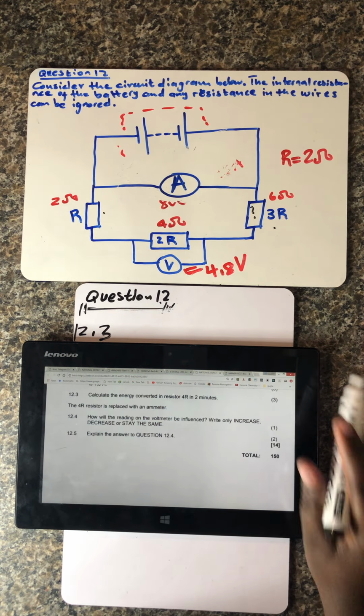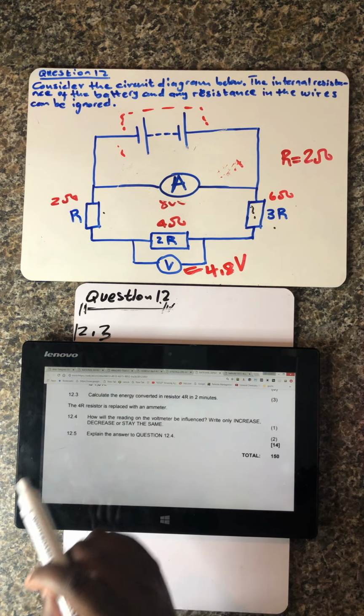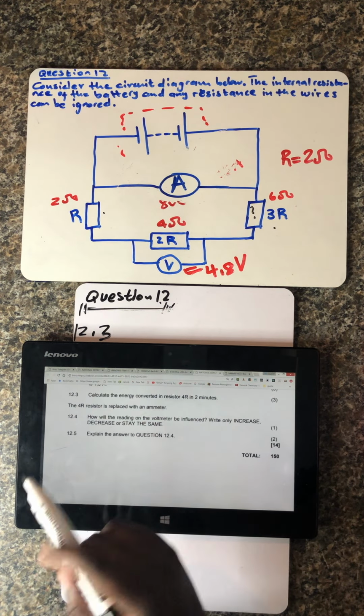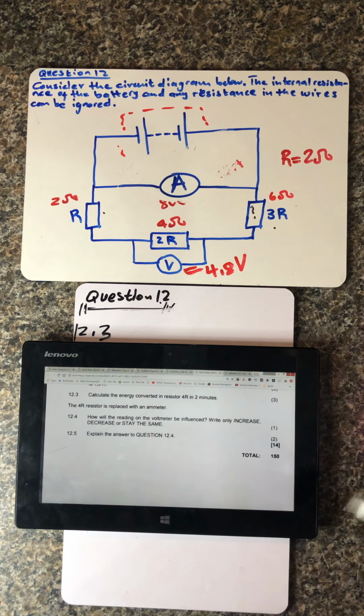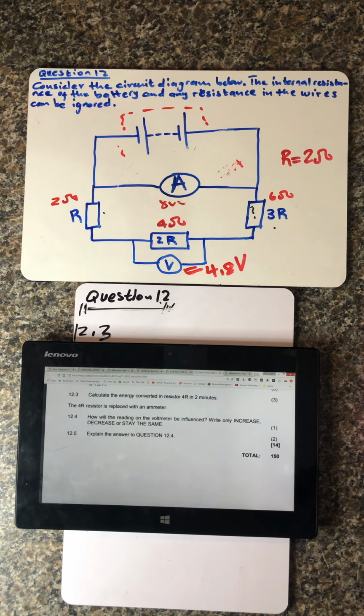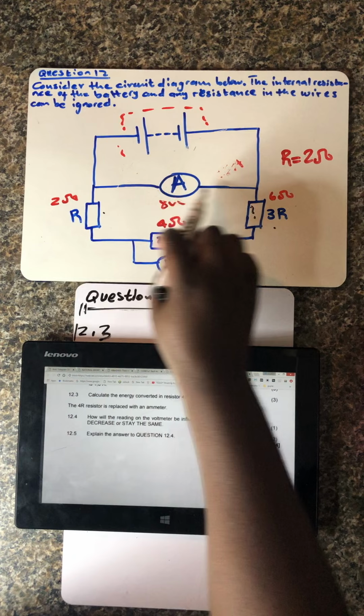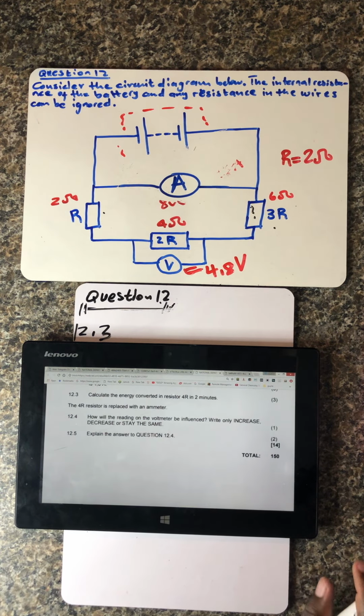Remember they said the resistance of the wires can be ignored. And you know an ammeter has almost zero resistance, so it's more like there's nothing there in terms of resistance. That means we only have resistance on this side, but on that side of the wire we don't have any resistance.